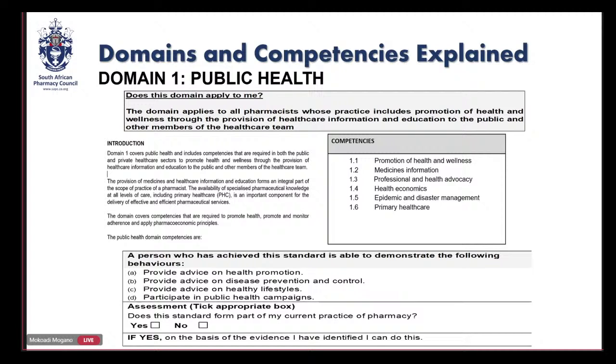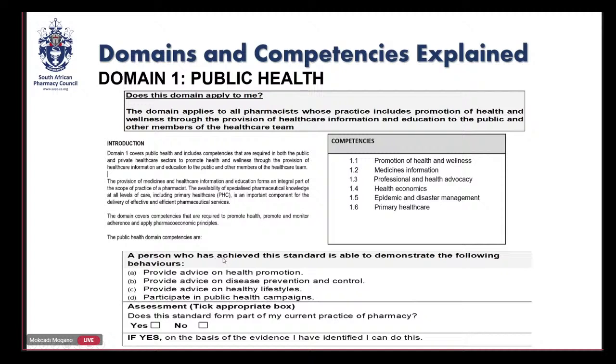Those are competencies, as I've already mentioned before, and we also have behavioral statements that further break down the competencies. If you look there at the table on the bottom, it says that a person who has achieved this standard is able to demonstrate the following behaviors: provide advice on health promotion, provide advice on disease prevention and control, provide advice on healthy lifestyle, and participate in public health campaigns.